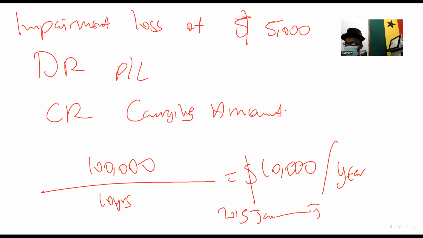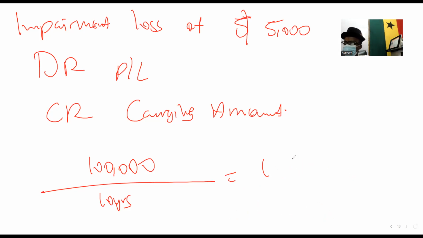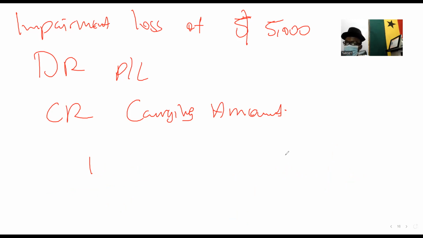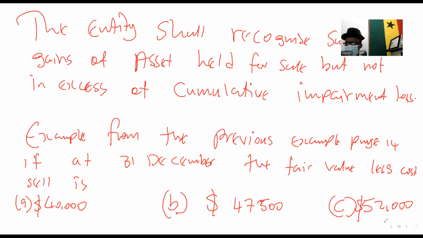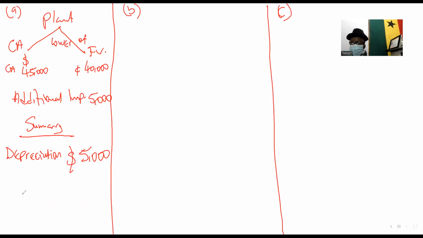Up to July, first day. So July is not past, effectively the end of June, 6 months. If the whole year is 10,000, depreciation for 6 months will be only 5,000. That's how I got a depreciation of 5,000.